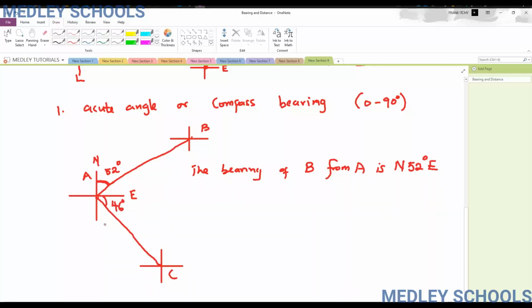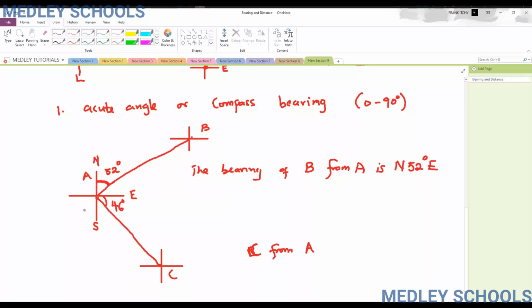Now in order to write this in acute angle, I want to find the bearing of C from A. That means I will take it from north to this. Now the bearing is from north to this place, but when I want to report it as an acute angle, I have to report it in form of south-east.